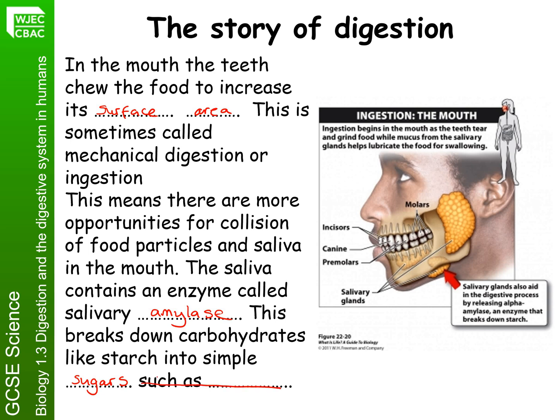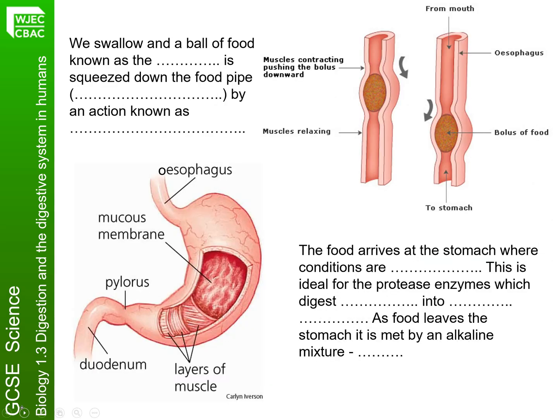You don't have this bit on your page. We swallow, and a ball of food known as the bolus, you already have this on your page, is squeezed down the food pipe or esophagus by an action known as peristalsis.